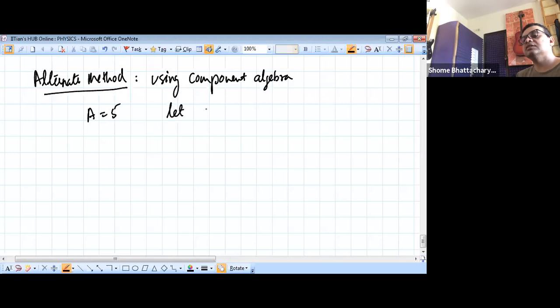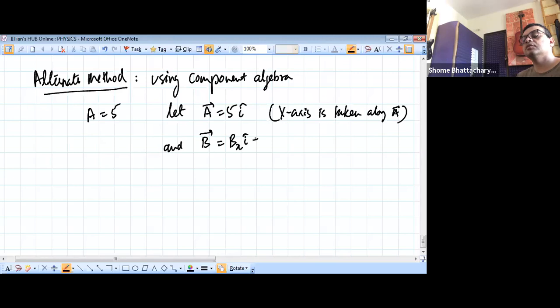So let us assume that vector E is 5 i cap. Okay, that is, x-axis is taken along vector E. And accordingly, the vector B is some bx i cap plus by j cap.